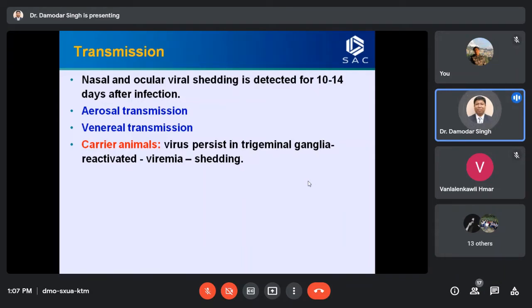Those animals which don't die and survive this infection may carry the virus in their body, and it can be excreted through nasal as well as ocular secretions and discharges. The virus can remain persistent in the trigeminal ganglia. After reactivation and going into the circulation, they shed it along with the body secretions.